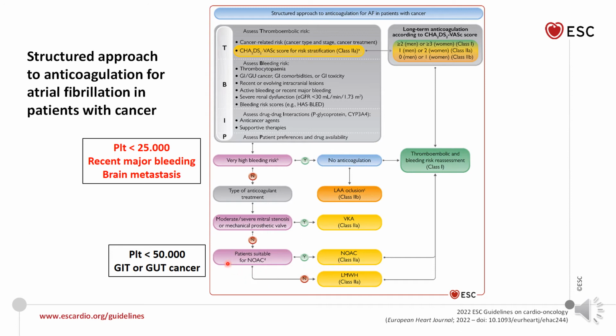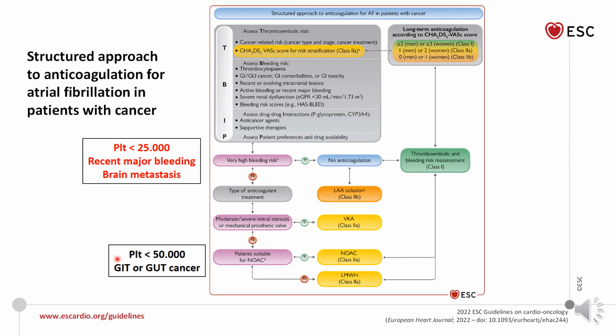There are two scenarios where we can't use NOAC: if the patient has a platelet count below 50,000, or if this patient has GIT or genitourinary tract cancer, because these are common sites of bleeding from NOACs. And of course, this patient should be maintained on a proton pump inhibitor for gastric protection.